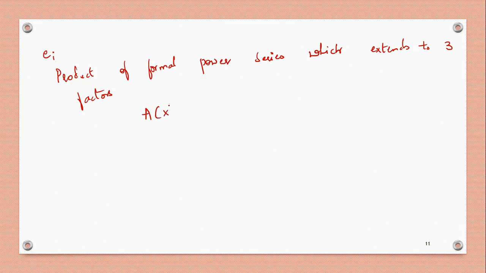So I'll write a of x, which will be equal to the sum from i equal to 0 to infinity of ai x power i. So ai is the coefficient of x power i. So if we have x power 0, x power 1 and so on, then this is our a of x. Depending on the constraints, we can write it in the specialized form.